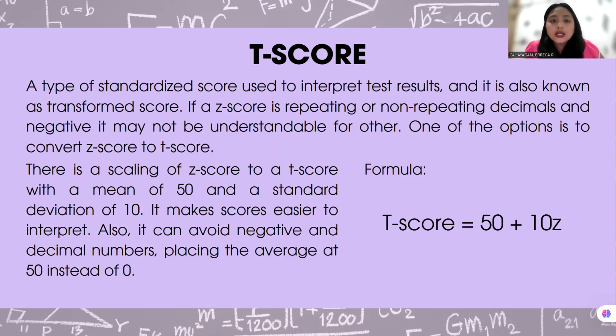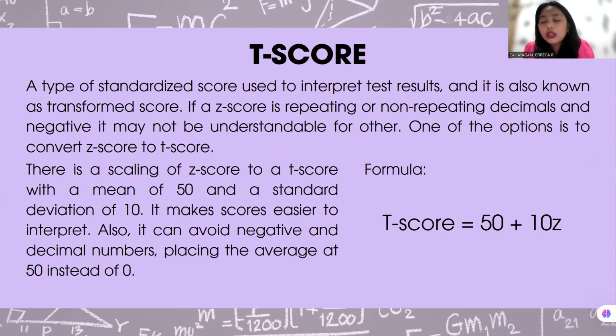Because they are standardized scores, a transform score has to have a mean of 50 and a standard deviation of 10, which shifts the scale from negative into positive. So the negative values would not appear, and sometimes decimals also, but only the non-repeating decimals.